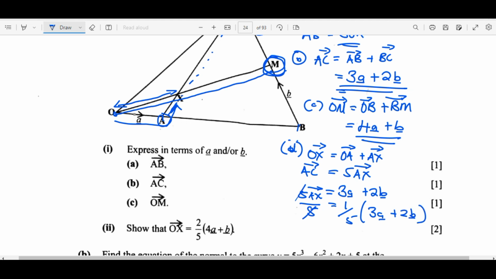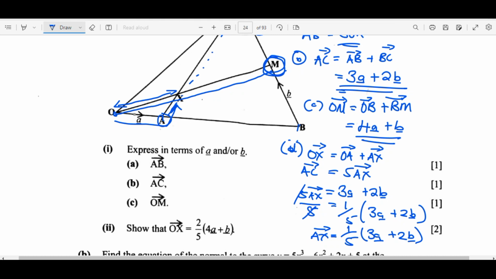So 5 will cancel, so AX is equal to this, what we have, 3A plus 2B. So this is AX.